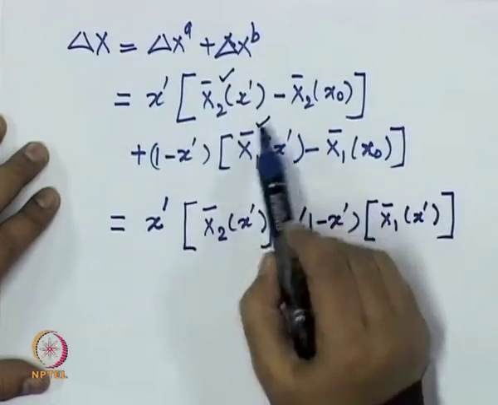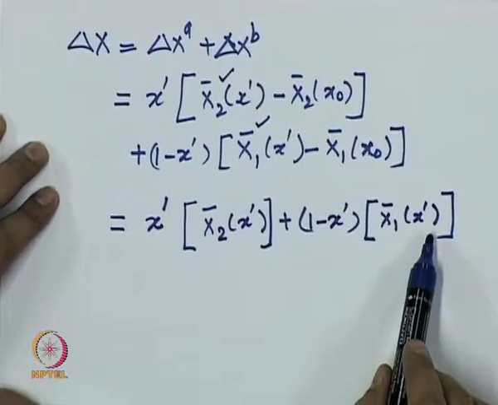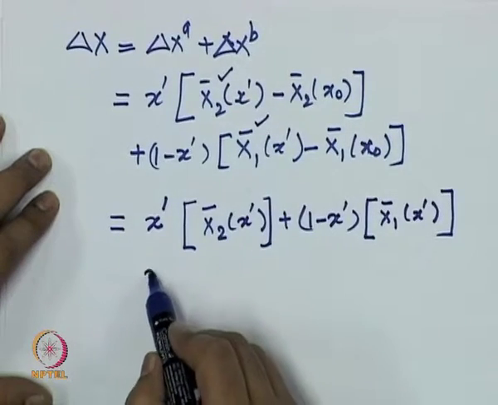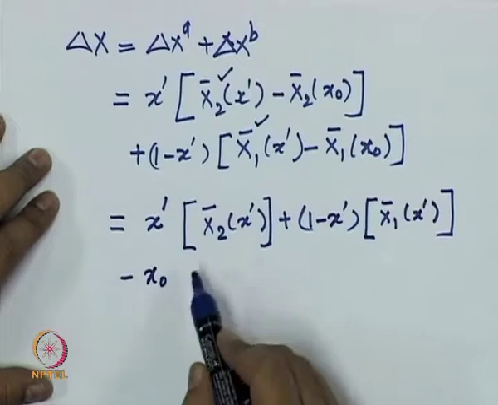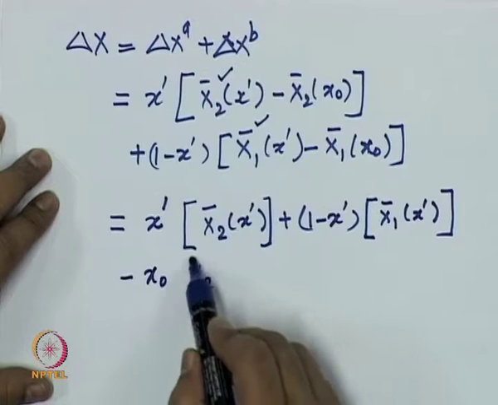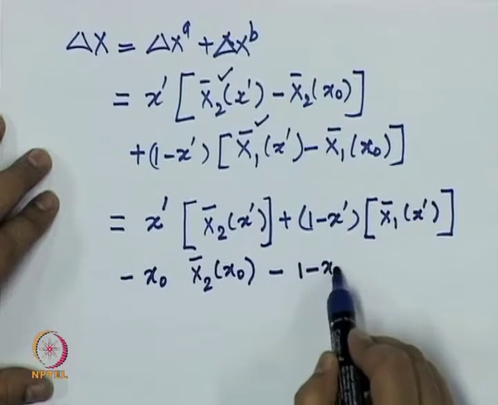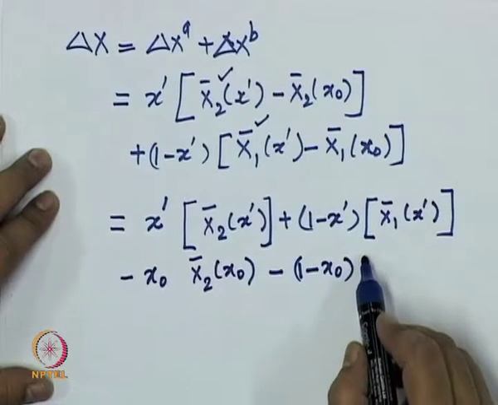Okay. So, I multiplied this, that is the first term, and I multiplied this, this is the second term. Now, for the next term I am also going to write this: minus x naught times x2 bar of x naught minus 1 minus x naught times x1 bar of x naught.